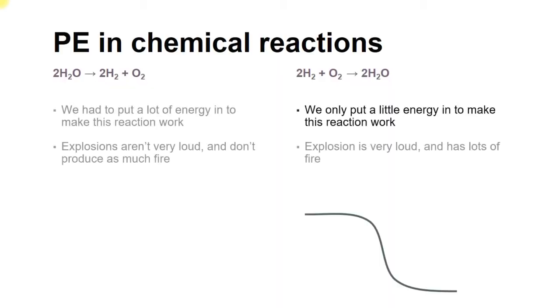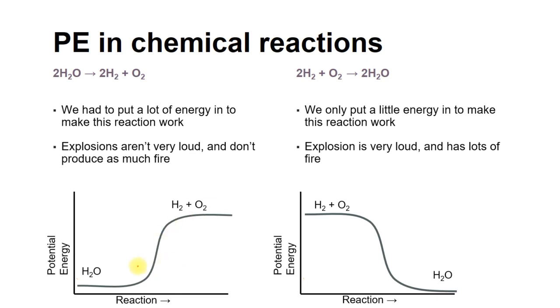So we can diagram this by drawing energy on the y-axis and the reaction progress on the x-axis. This is called a reaction coordinate diagram. It's a fancy way of saying we're just measuring or tracing how the energy is moving around.